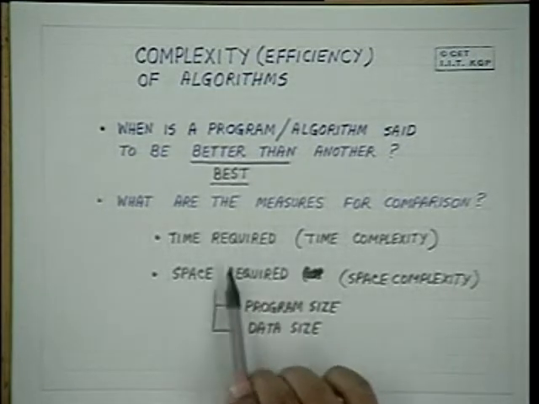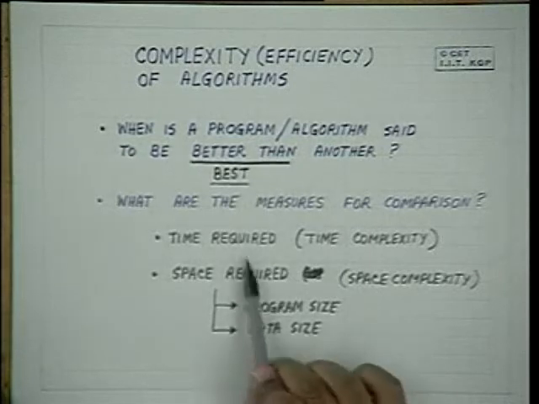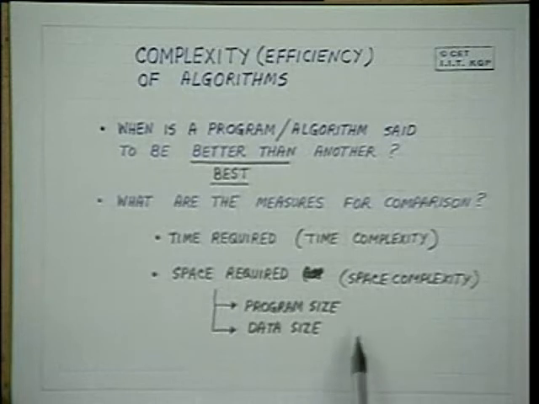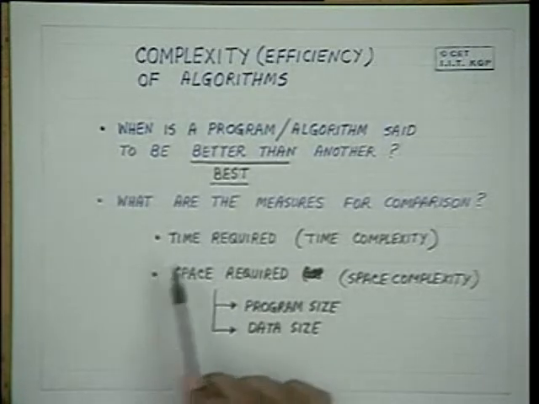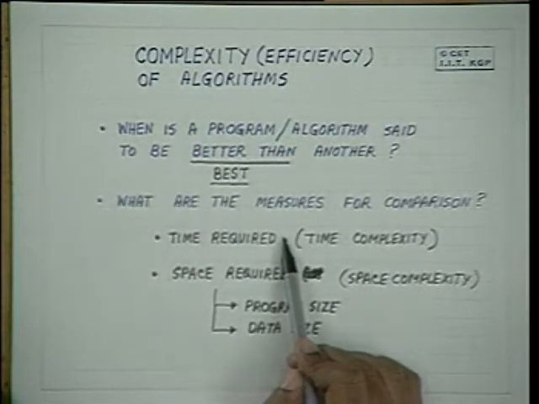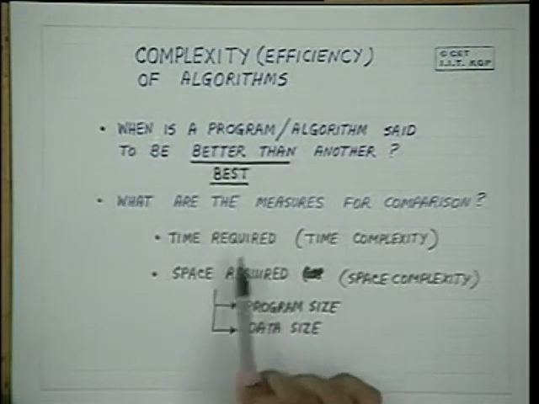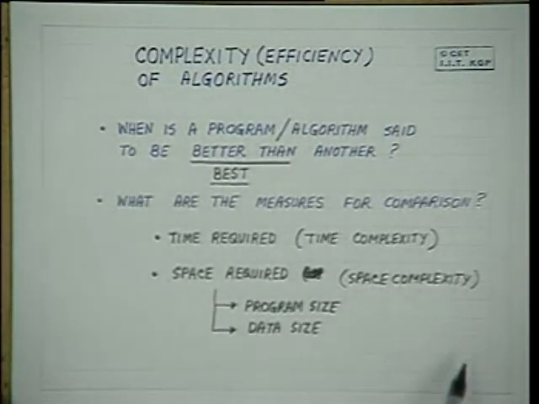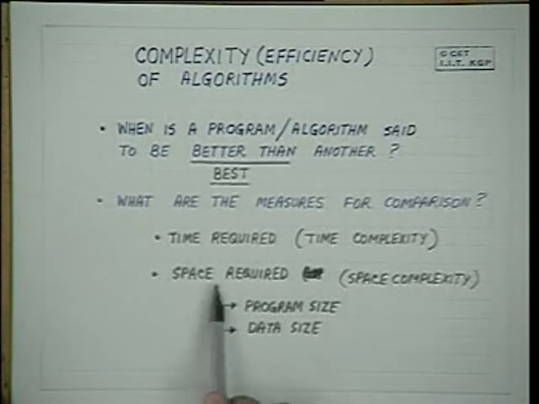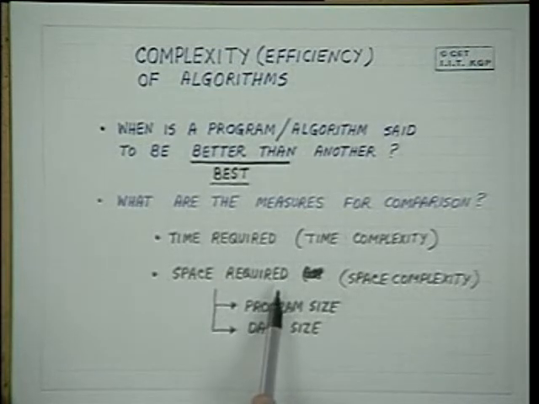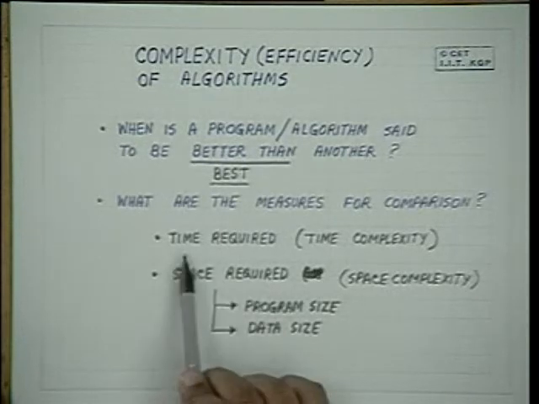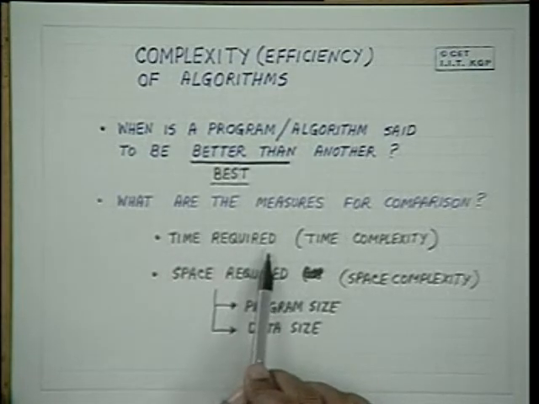Now, these are the two important measures of comparison between two programs. Unless the space required is exponential, time is the most important criterion. In most cases, now that a lot of space is available on the computer, and unless an exorbitant amount of space is required to solve a particular problem, time is the most important criterion. We shall see examples where an exorbitant amount of space may be required to solve a problem.